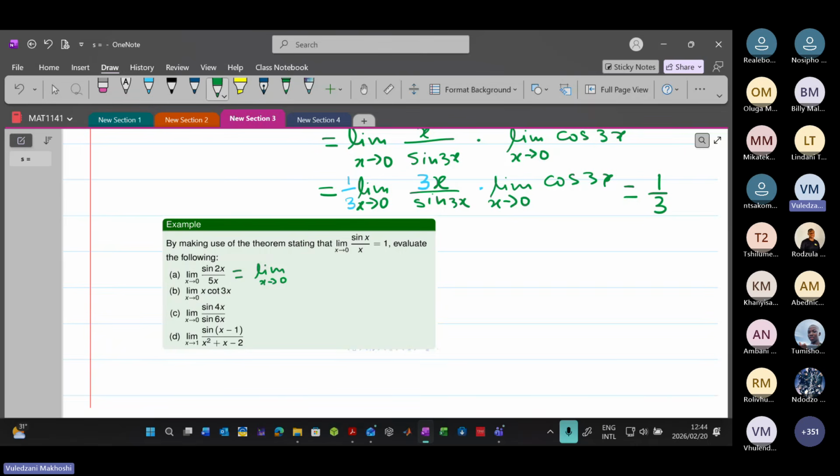In this case, we have a 5 here, we have a 2. We want a 2 down there. So what we have is sine 2x. We want it to be 2x so that we will be able to use this.